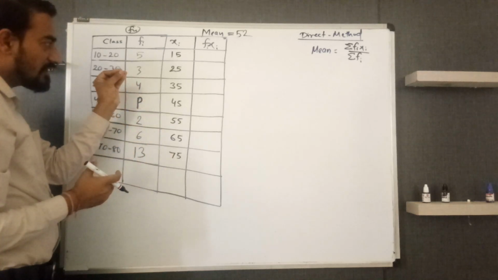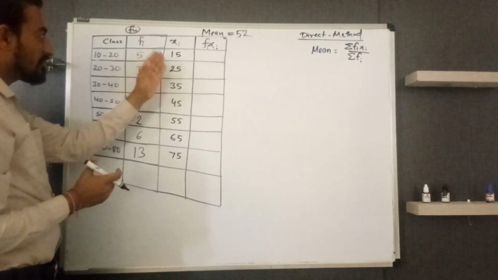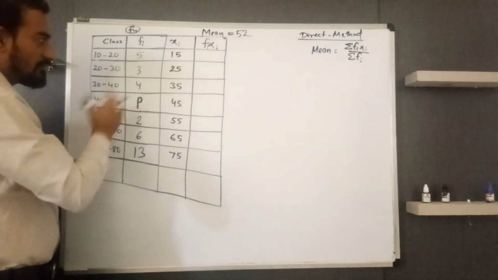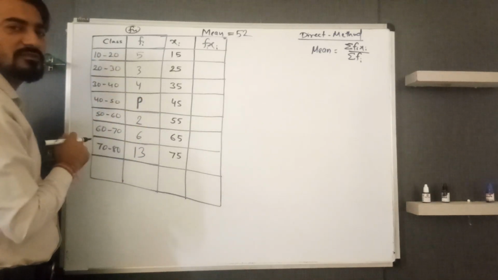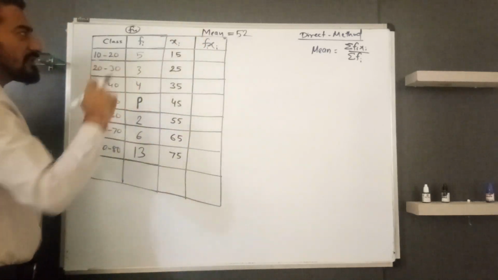These smaller numbers are in the column of u. So on the basis of calculation, the step deviation method is easier. Now we are following direct method.